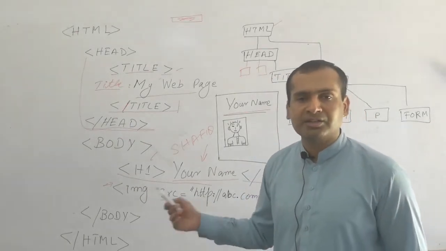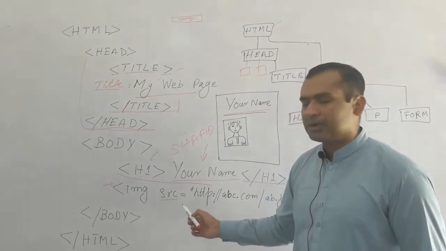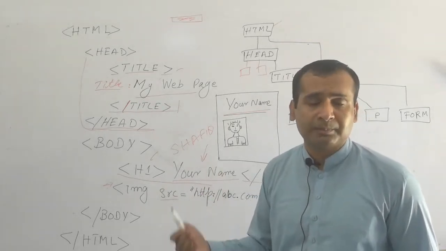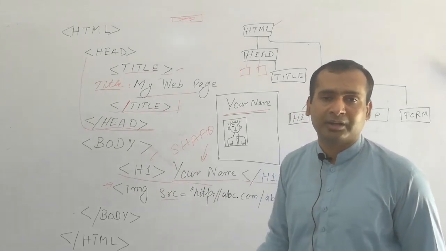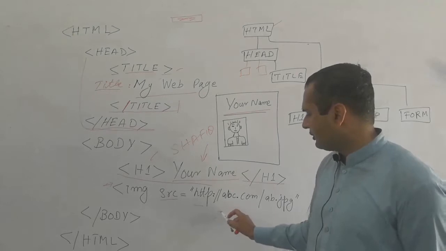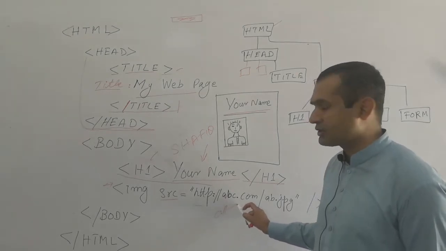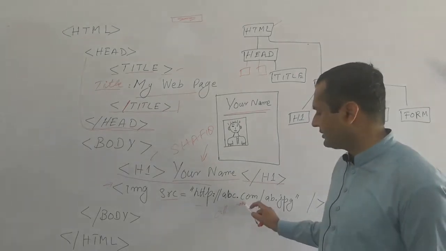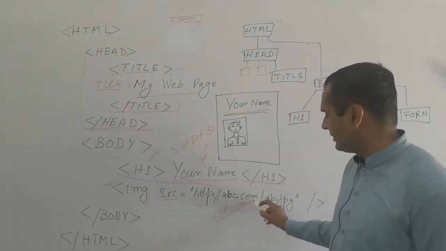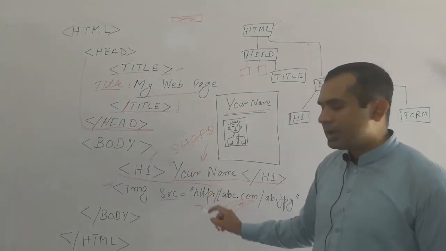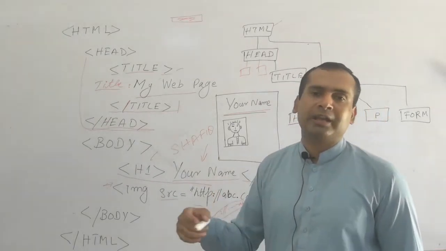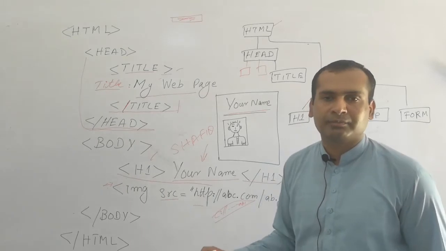The source property tells where the actual picture file is located. It can be in your local drive like C:, documents and so on, abc dot png, jpeg or gif. These are the extensions of image files. Or it may be located online on any website, at any URL.